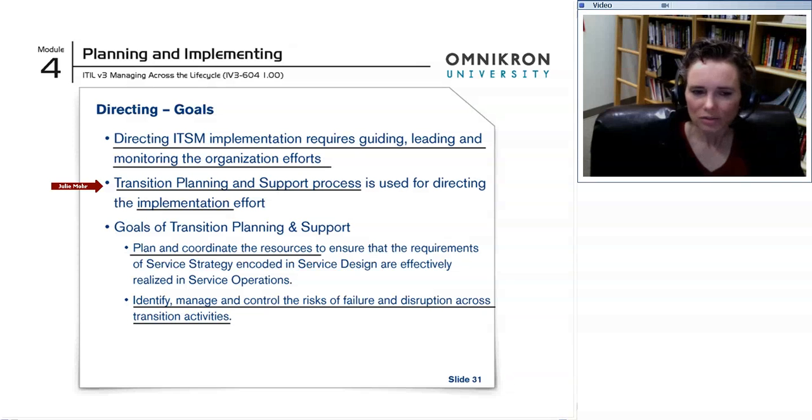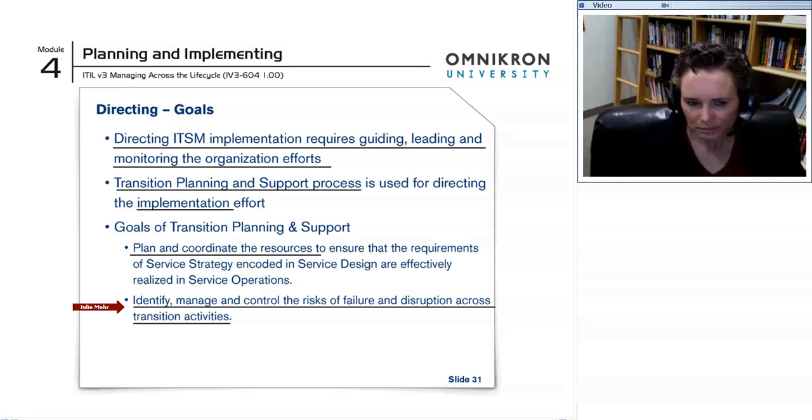The transition planning and support process that we looked at as part of service transition is really where we get all this coordination of resources across the different phases of the life cycle. It's where we identify and manage the risks of implementation failure and potential disruption across multiple different business units.